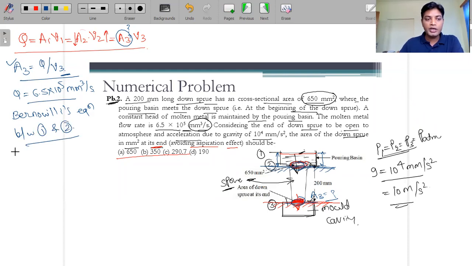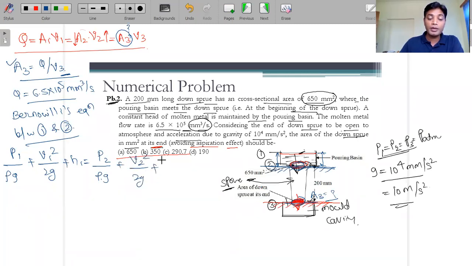Bernoulli's equation will be P1 by rho g plus V1 square by 2g plus H1 equals P2 by rho g plus V2 square by 2g plus H2. Now let's discuss the conditions available and then put these values into this equation. P1 equals P2 equals P atmospheric.